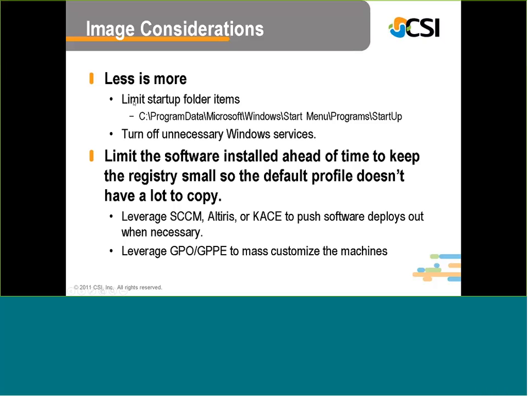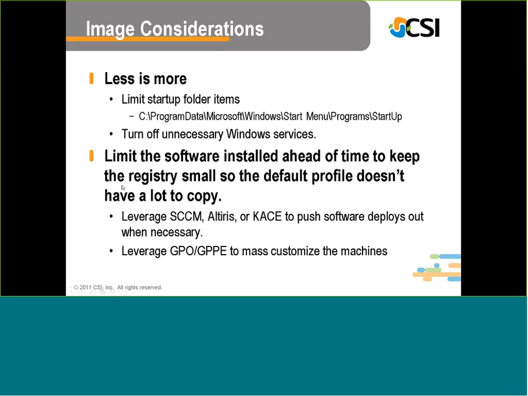We want to limit what's in our startup folders, program data, Microsoft Windows, start menu, program startup. Turn off all unnecessary Windows services. Try to keep the registry small. That's the default profile that gets copied.